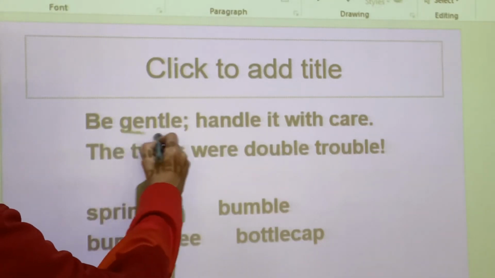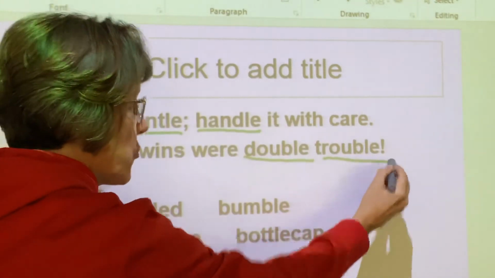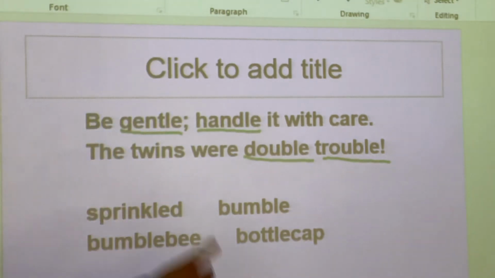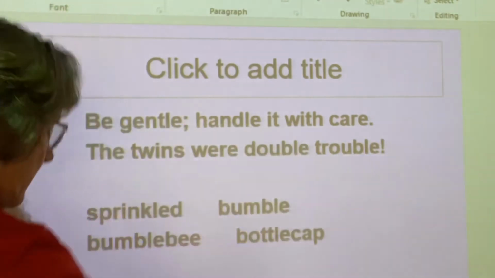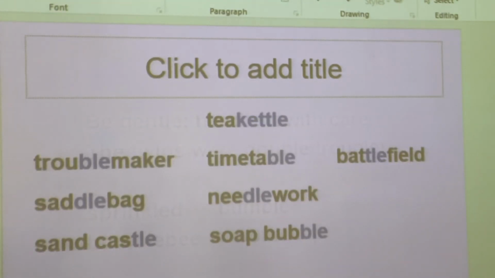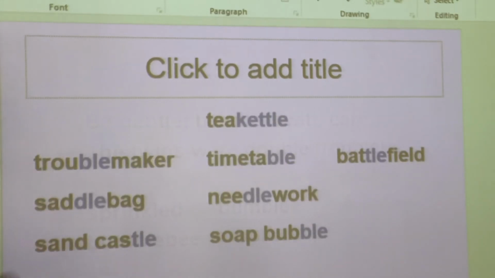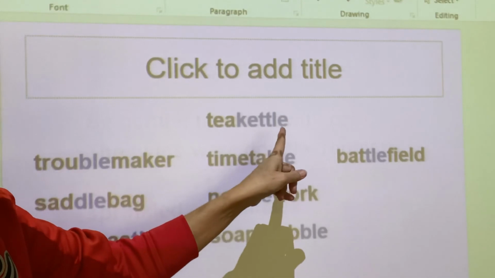We have gentle and handle, double and trouble. And then down here we have sprinkled, bumble, bumblebee, and bottle cap. All right, next we have tea kettle.